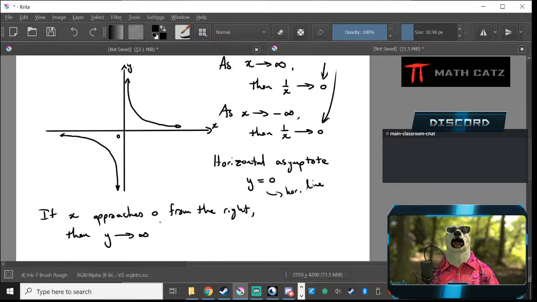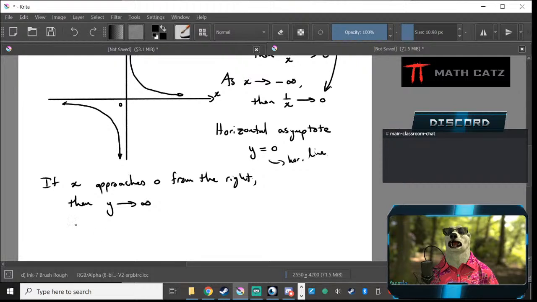I'm not going to use an arrow for what happens to x right now, since we don't need to make things unnecessarily complicated with a lot of things to remember. The point is I have another long-term behavior, but it's flipped around. Y is blowing up as x approaches a number.